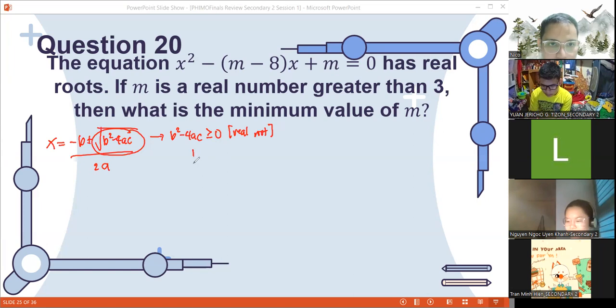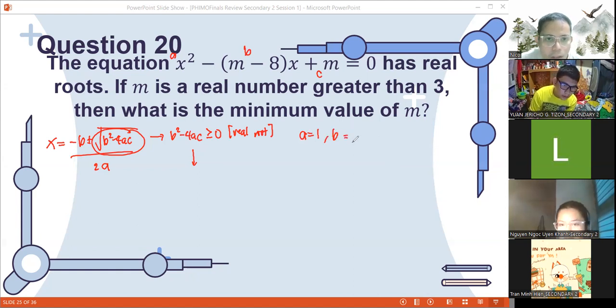Now, let's apply this one here. This one is your B, this one is your A, and this one is your C. So A here is equal to 1, B here is equal to negative (M minus 8), and C is equal to M, right?